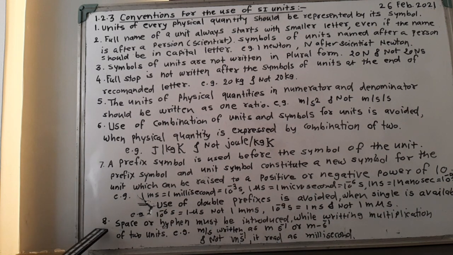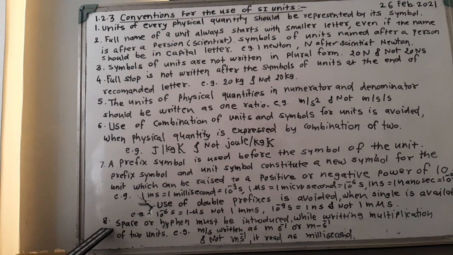Then the last one, the 8th convention for the use of SI system, space or hyphen must be introduced while writing the multiplication of the two units. Example, meter per second is written as meter space second raised to minus 1 or meter dash second raised to minus 1.